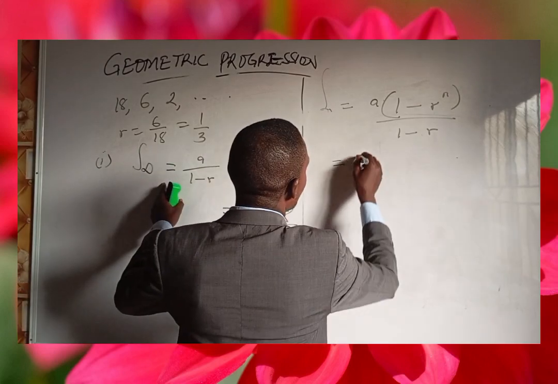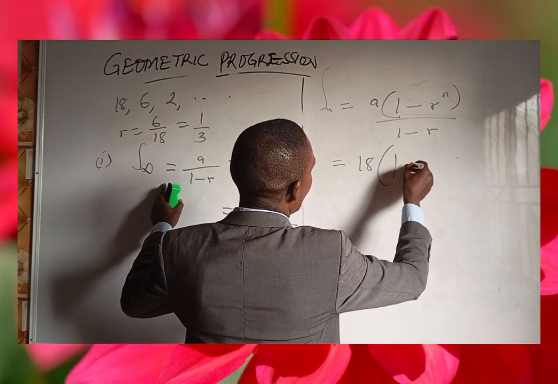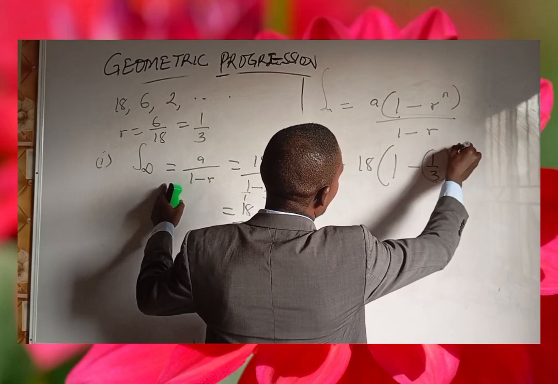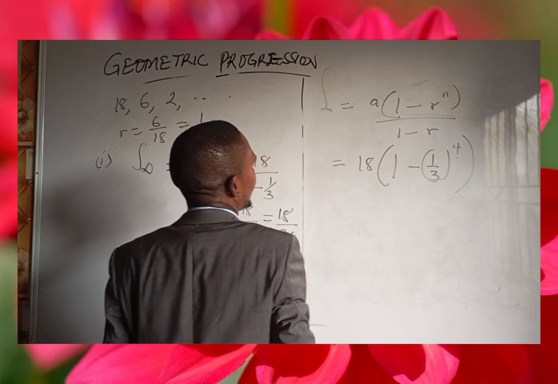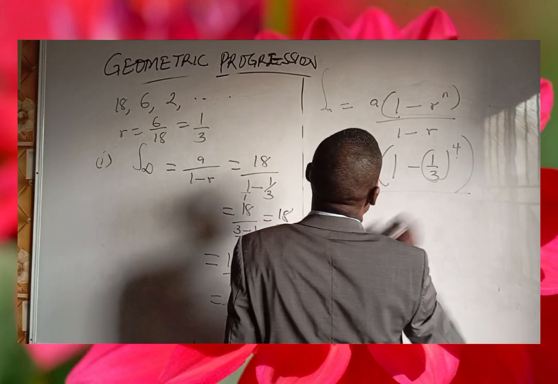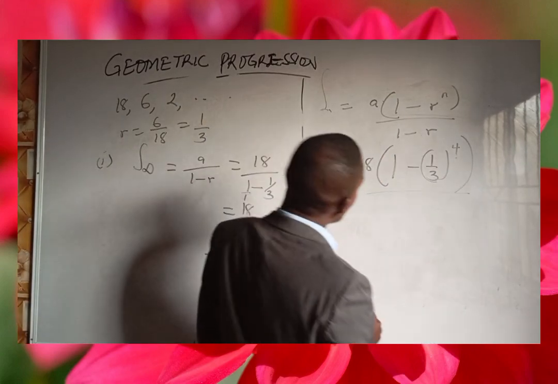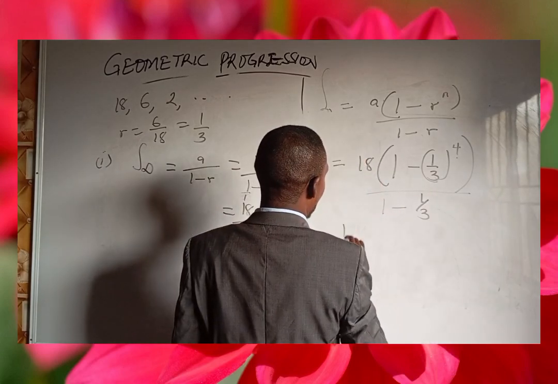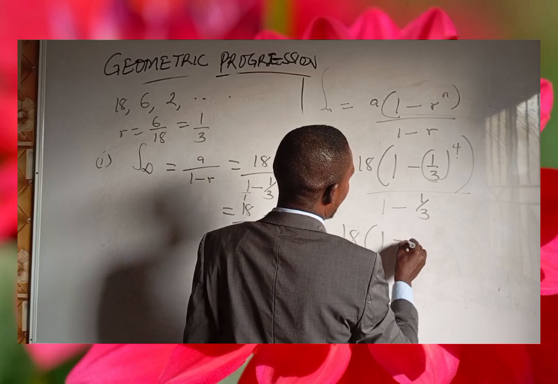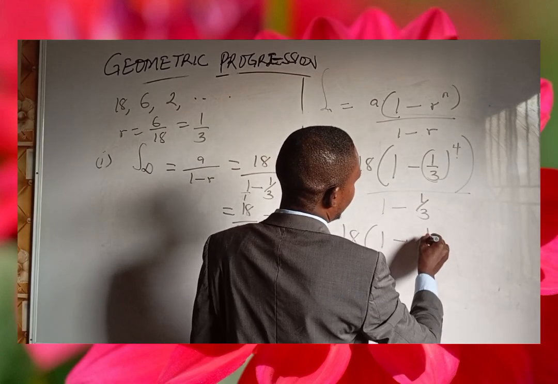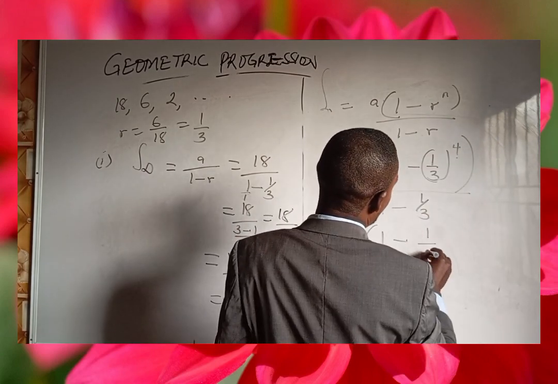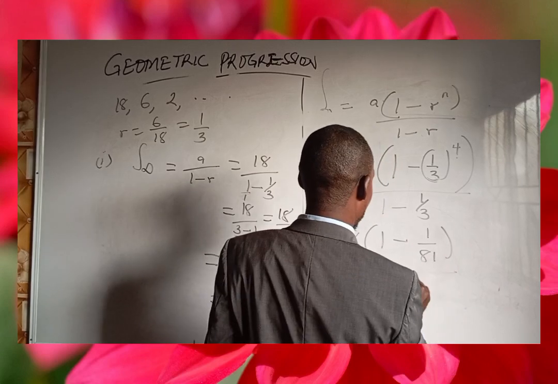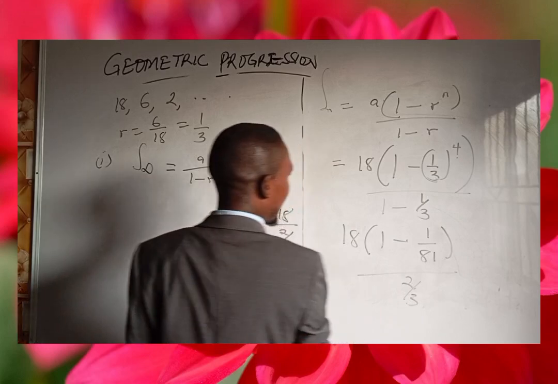A here is 18. 1 minus 1/3 raised to power n, which is 4, because they say we should find the sum of the first four terms, everything divided by 1 minus 1/3. So we have 18 into 1 minus 1 raised to power 4 is 1, 3 raised to power 4 is 81, everything divided by 2/3.